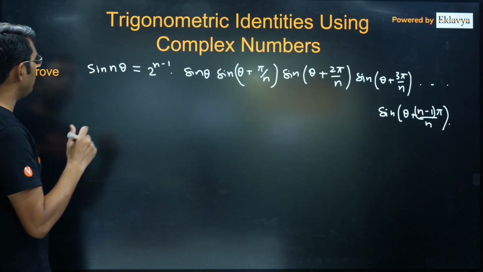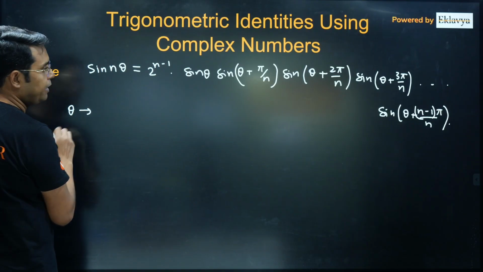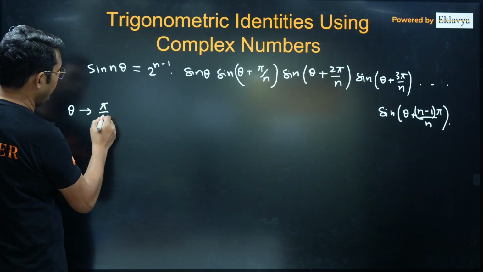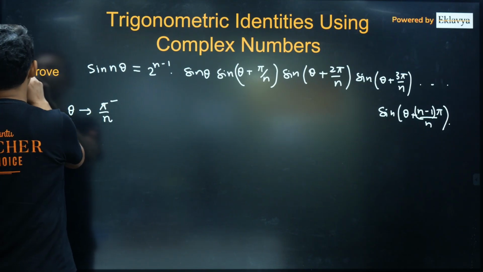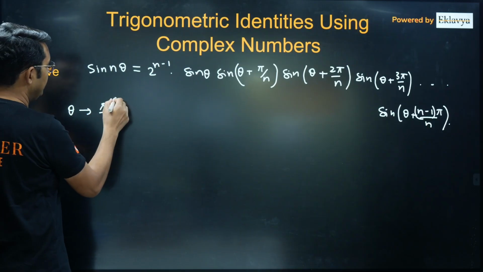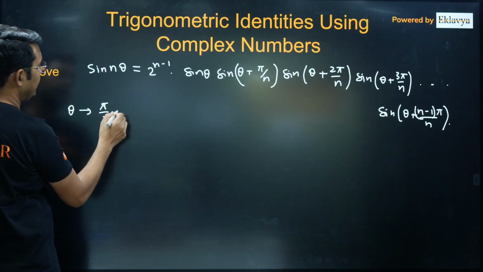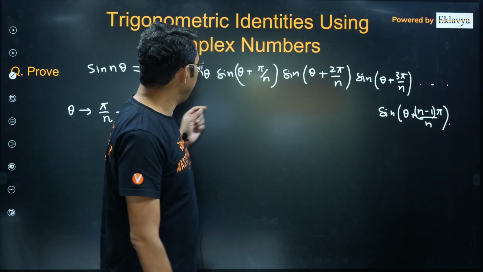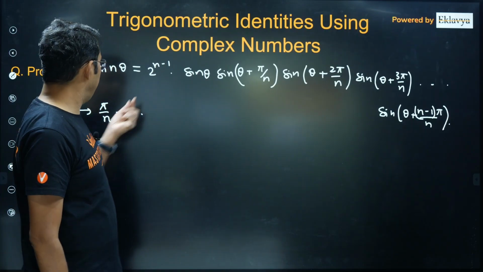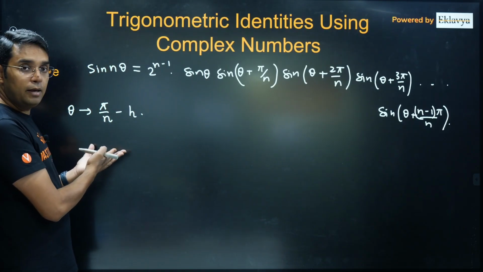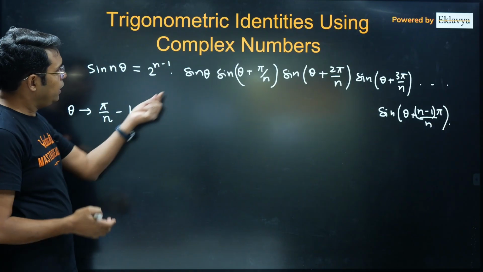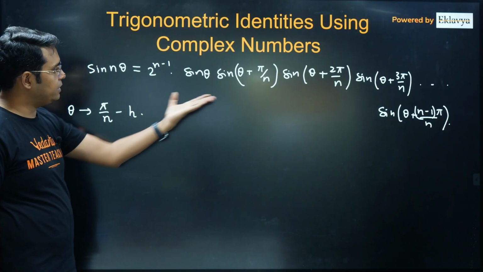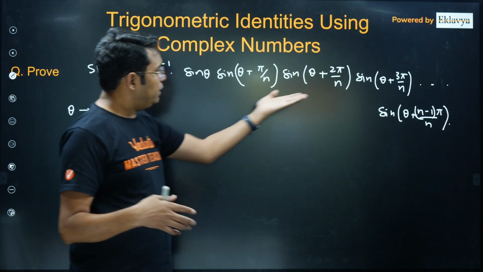Now I am going to take theta as pi by n minus h. Please understand that I will be taking an angle that is slightly less than pi by n. Now if theta is like this, you can see all these angles, because it is slightly less than pi by n, will be in the first quadrant. This will be 2 pi by n minus h, so again less than pi.